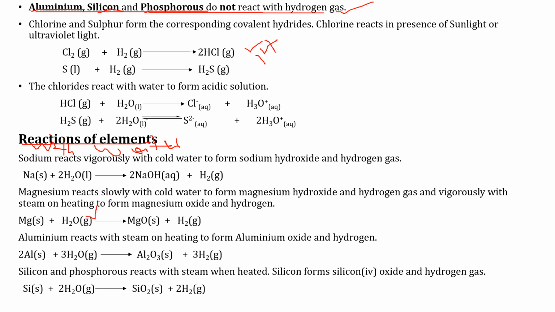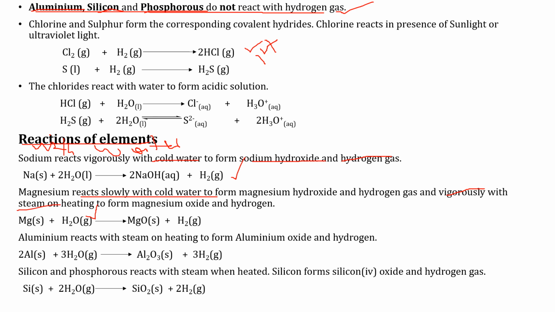So sodium is the only metal that reacts vigorously with cold water to form sodium hydroxide and hydrogen gas, as stated in the equation. And magnesium reacts slowly with cold water, but it's going to react vigorously with steam.